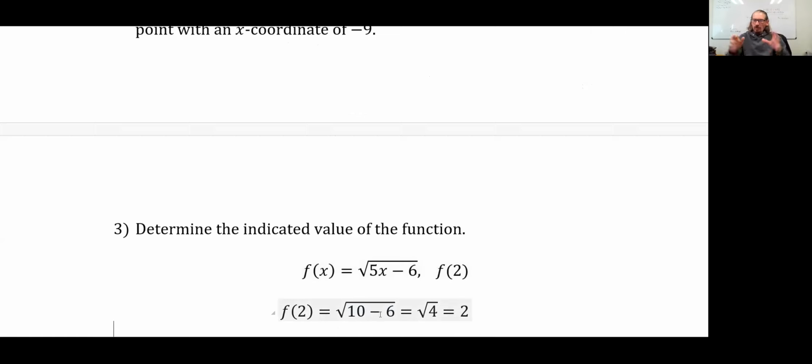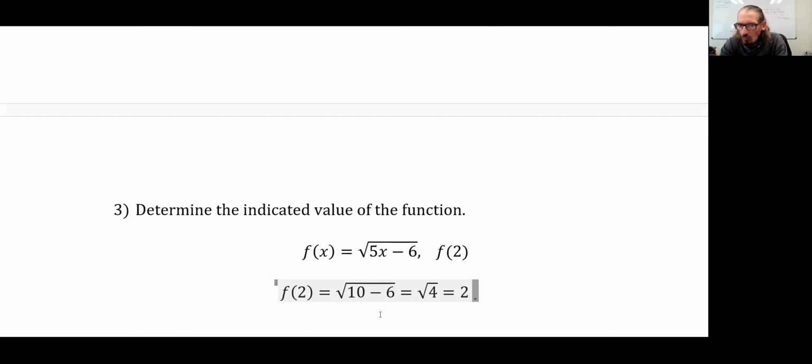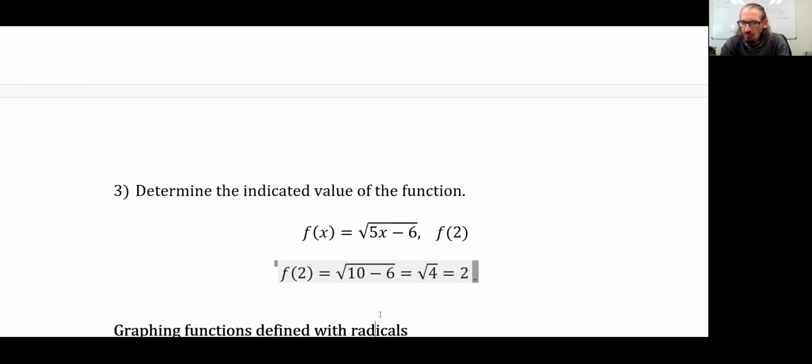Notice I did all that work as if that was grouped similar to parentheses. All of that was grouped under that square root. So I find out what I'm taking the square root of. That came out to be 4. I did the order of operations inside. Then I got square root of 4. And we're talking about the principal square root of 4, the positive. That's giving us 2.